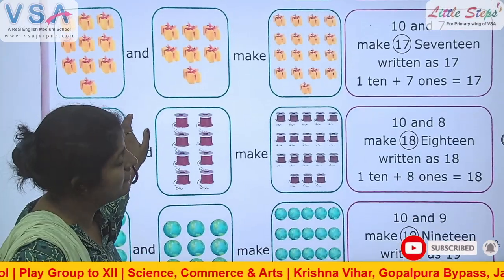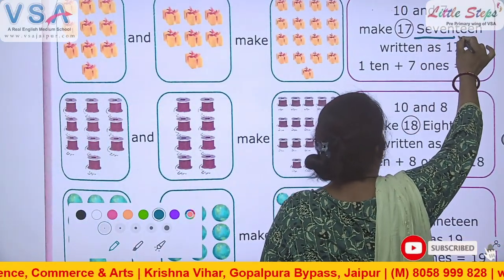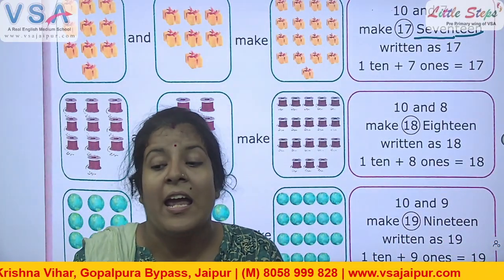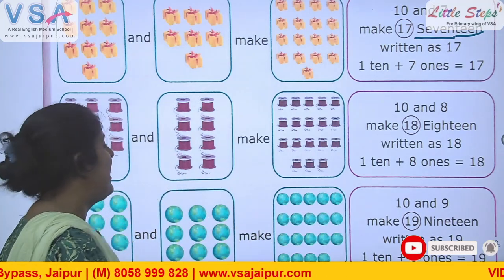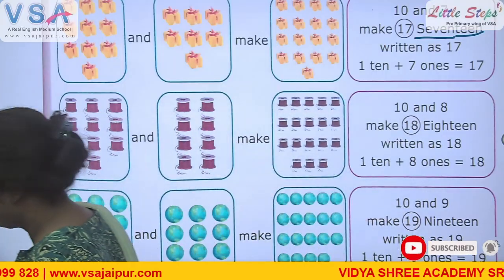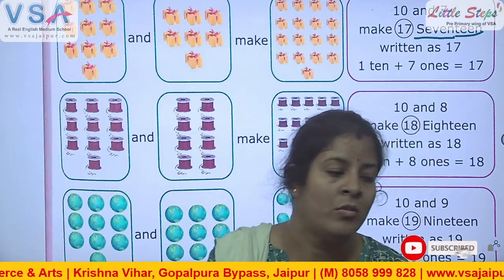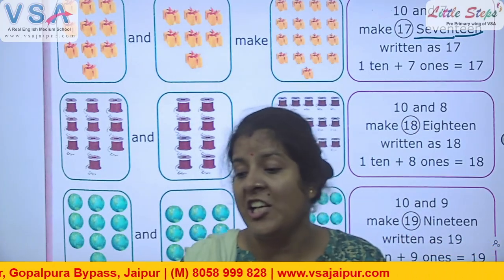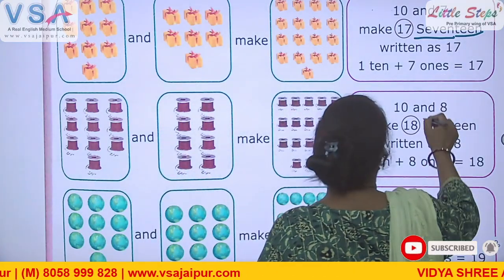S-E-V-E-N-T-E-E-N, 17. And the next spelling of 18. E-I-G-H-T-E-E-N, 18.